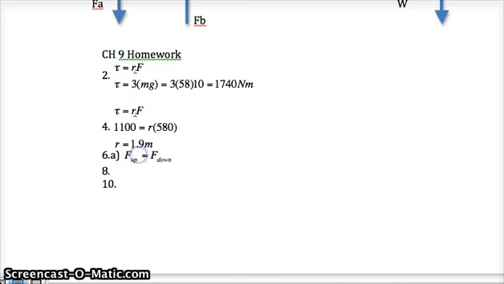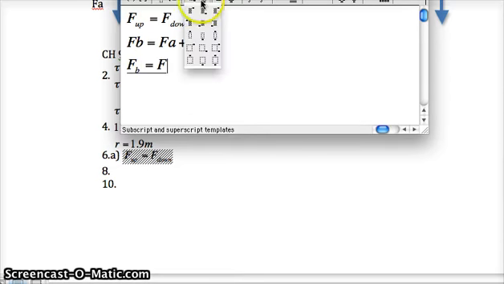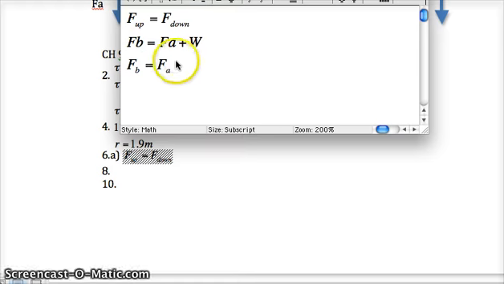The upward force is FB, and the downward forces are FA and W. So we've got FB equals FA plus W. Now the W is the weight of the person, so that's 580. So we get FB equals FA plus 580.